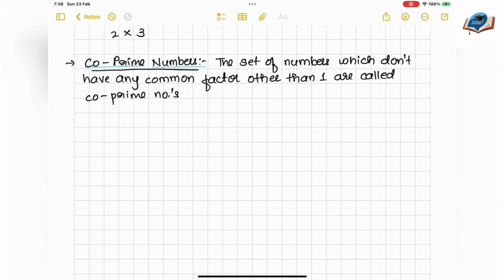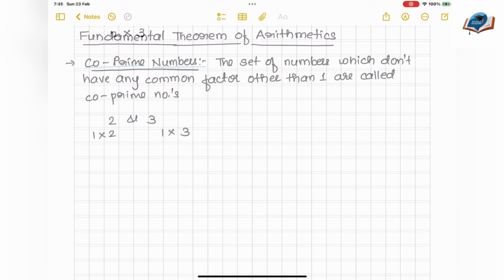So I can say an example of 2 and 3. Factors of 2 are 1 and 2, factors of 3 are 1 and 3. So leaving 1, there is nothing common in them. So they are called co-prime numbers.